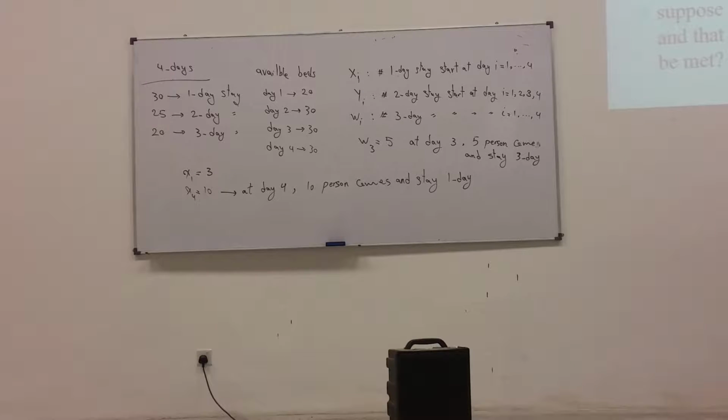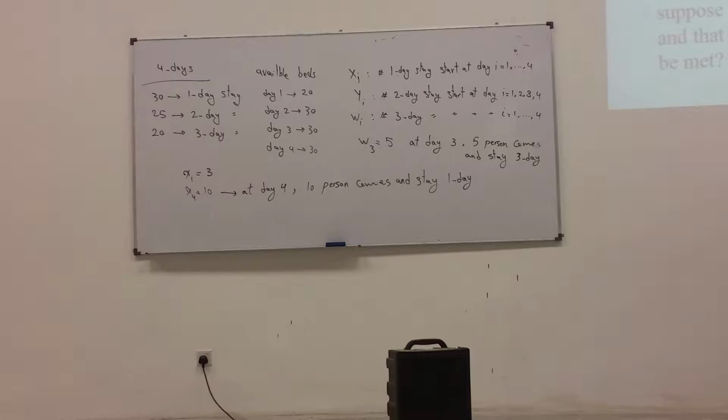How about day 2? At day 2, the available beds are 30. So which variables do you have? Do you have X1 or not?